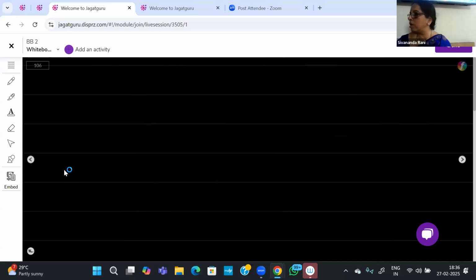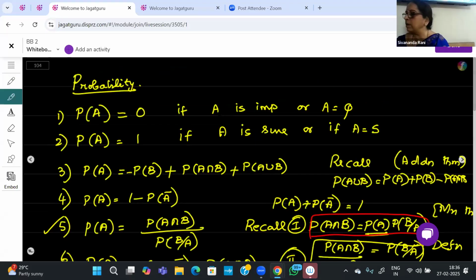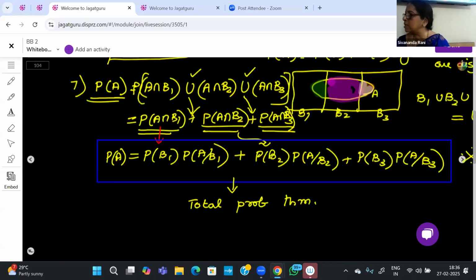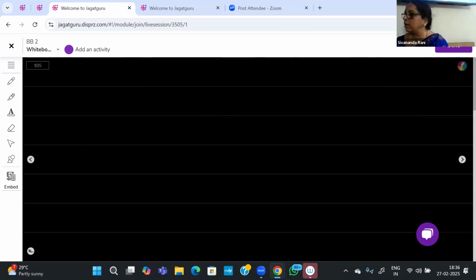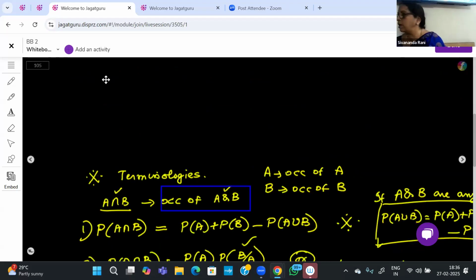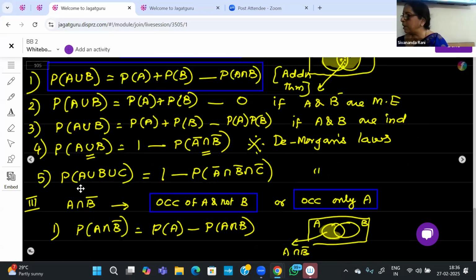This will work sure shot for me, so I will use that. Okay. Is there any other way of finding out P of A intersection B bar?